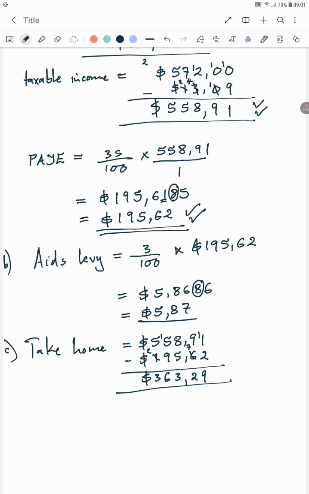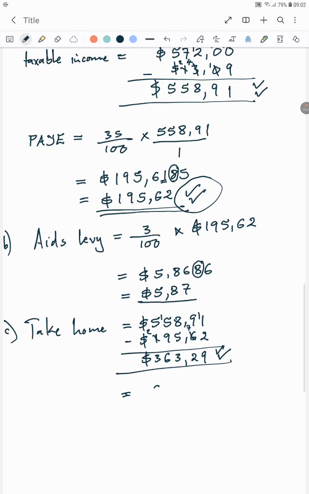So now this is what remains after we have taken out PAYE. So from there we are supposed to subtract the AIDS levy, right? We subtract AIDS levy from this amount.